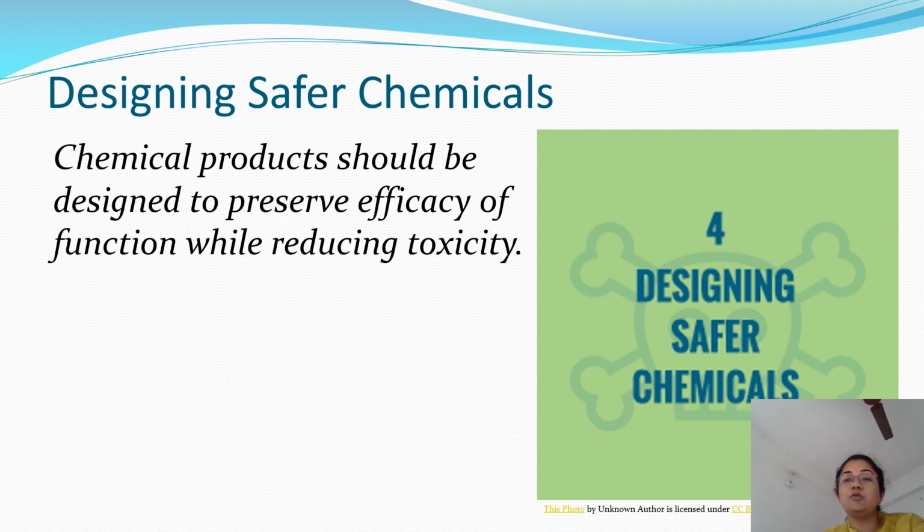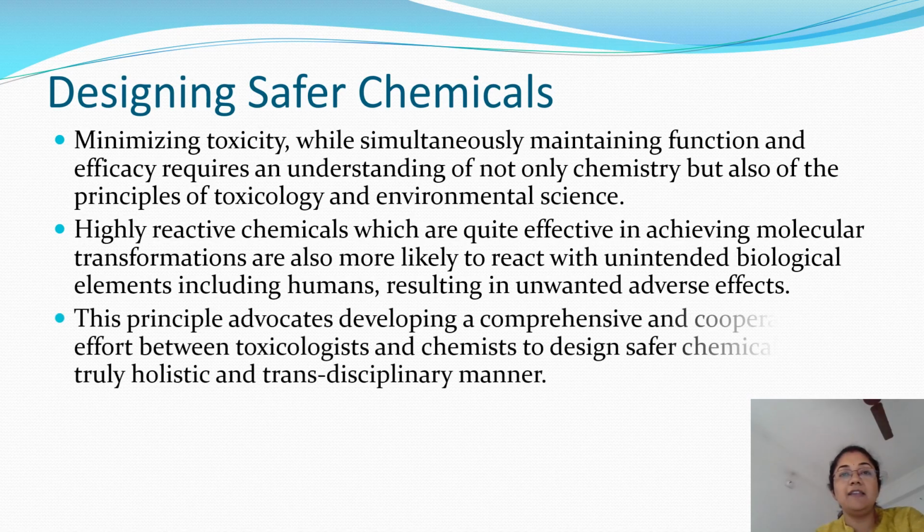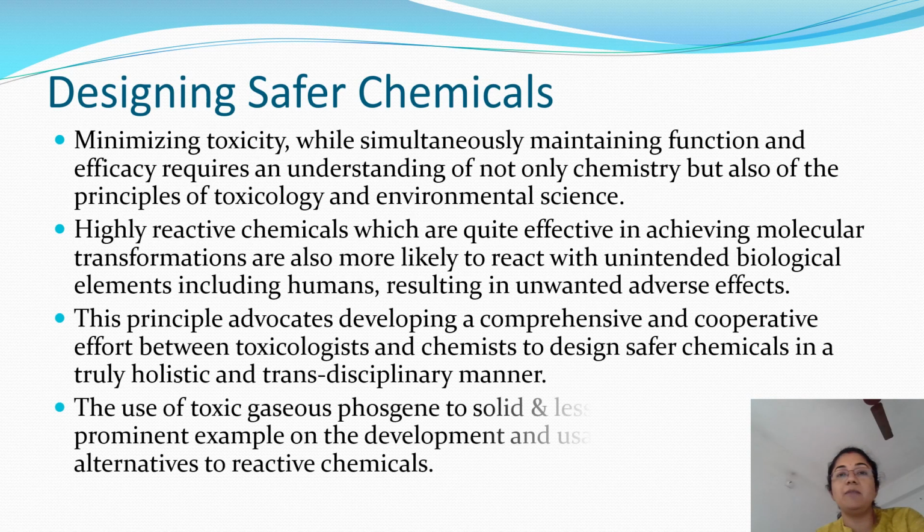Next is designing safer chemicals. Of course, we should not synthesize chemicals which are very toxic. Even if they are very useful, we should find some alternative to the chemicals which are toxic. Designing safer chemicals means minimizing toxicity while maintaining function and efficacy.